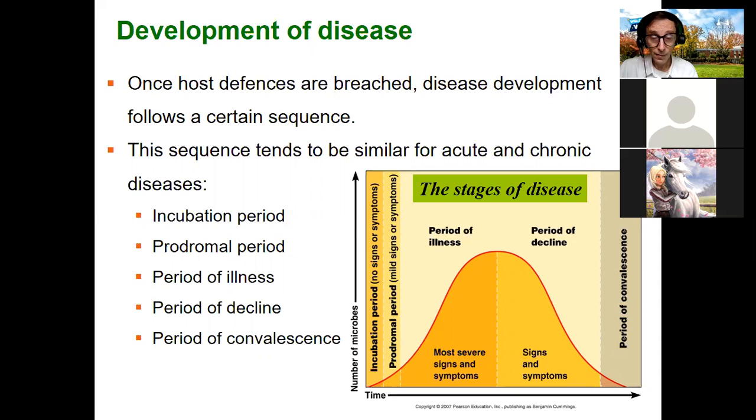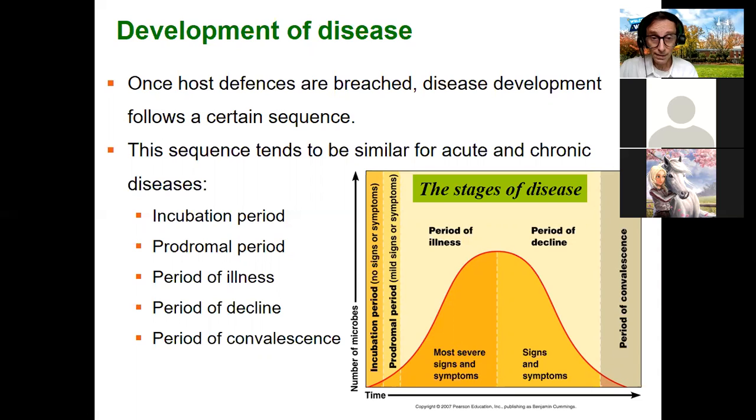The period of illness ends when the patient starts getting better. For example, when a patient has a fever, the period of illness ends when the fever breaks and goes away. And that is called the period of decline, where the signs and symptoms get better.